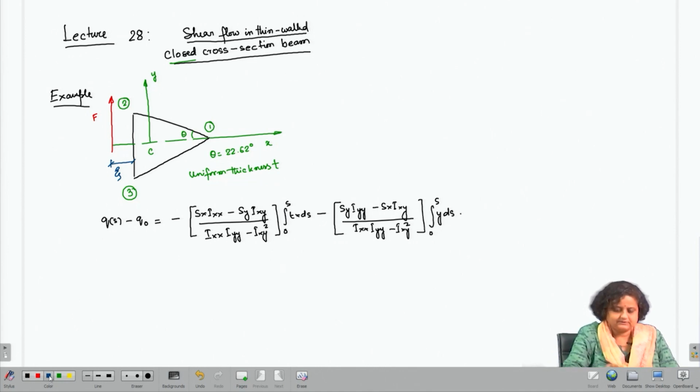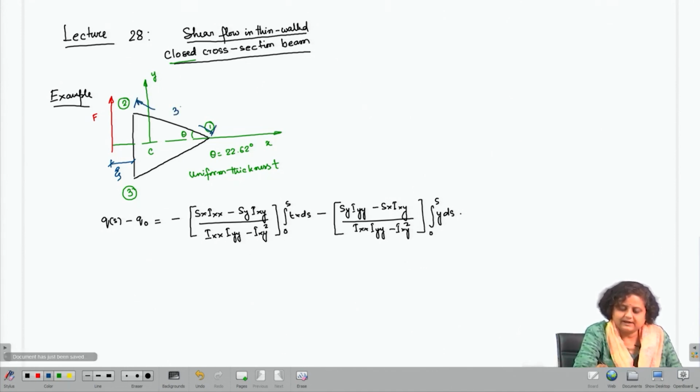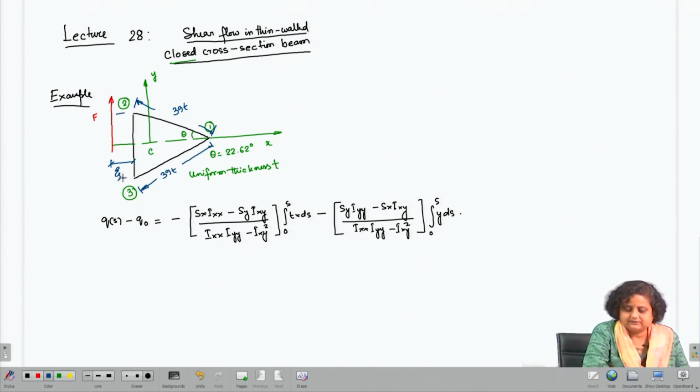So, these distances are given as 39 t, because it is an isosceles triangle, this is also 39 t, and this is 36 t.